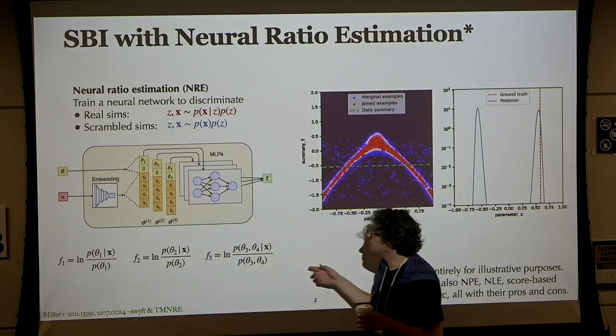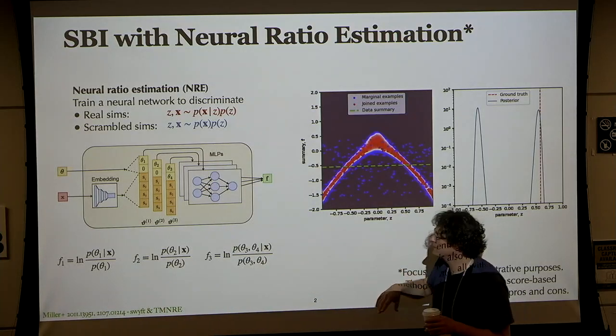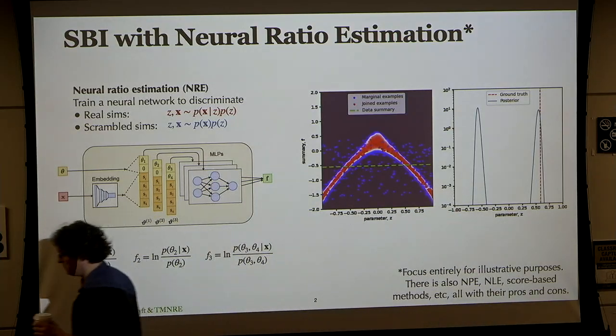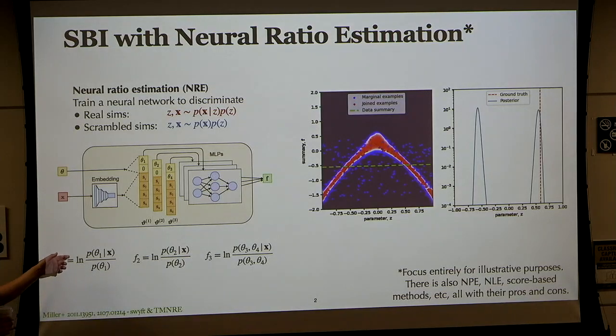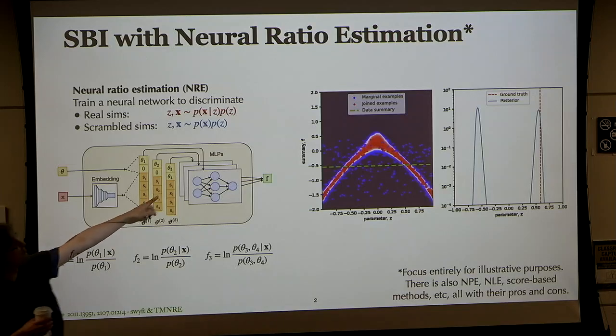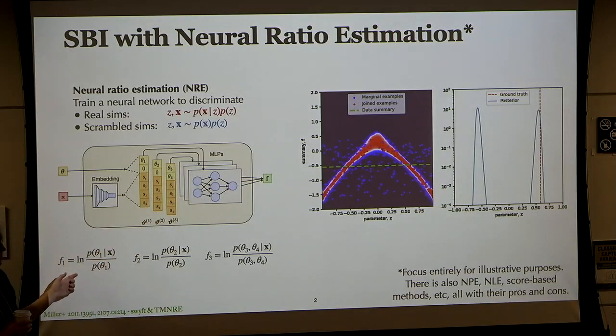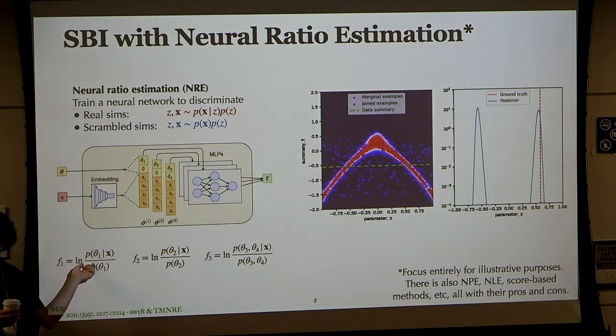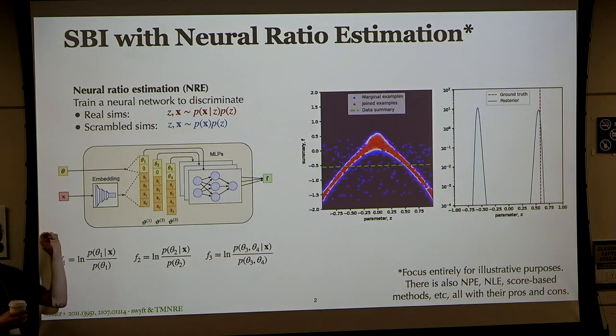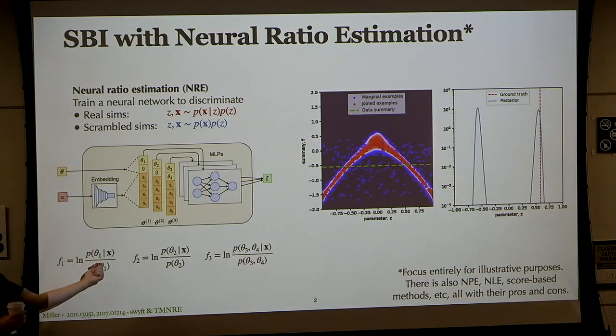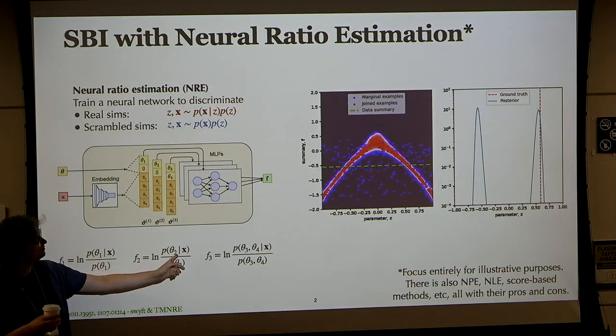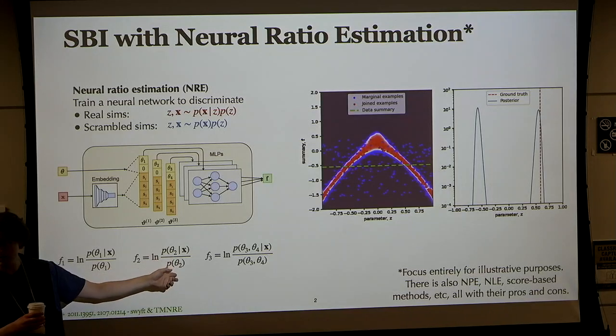What I usually also explain when I show this slide is, let's say you have multiple parameters, so the data vector of length 4, then you could train multi-layer perceptrons. One learns the posterior for the first parameter, and then it's just the one-dimensional marginal posterior for the first parameter. Another one could learn the posterior for the second parameter.